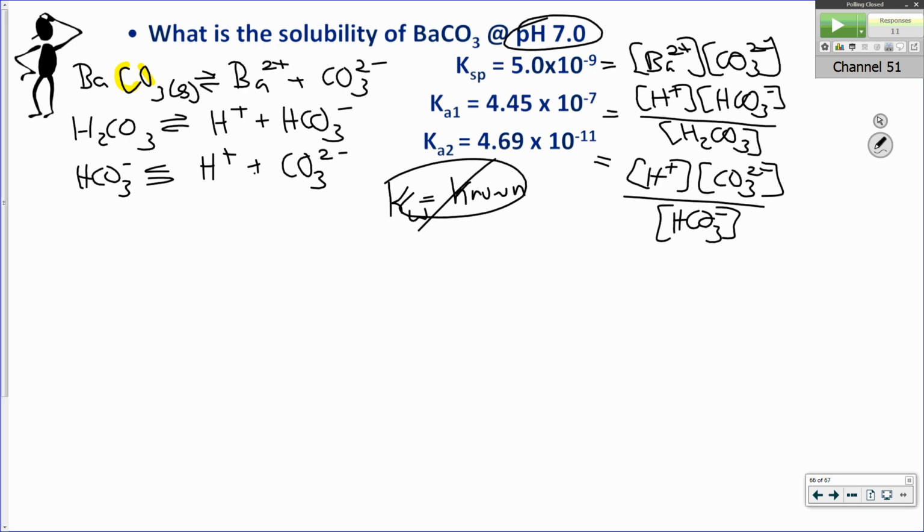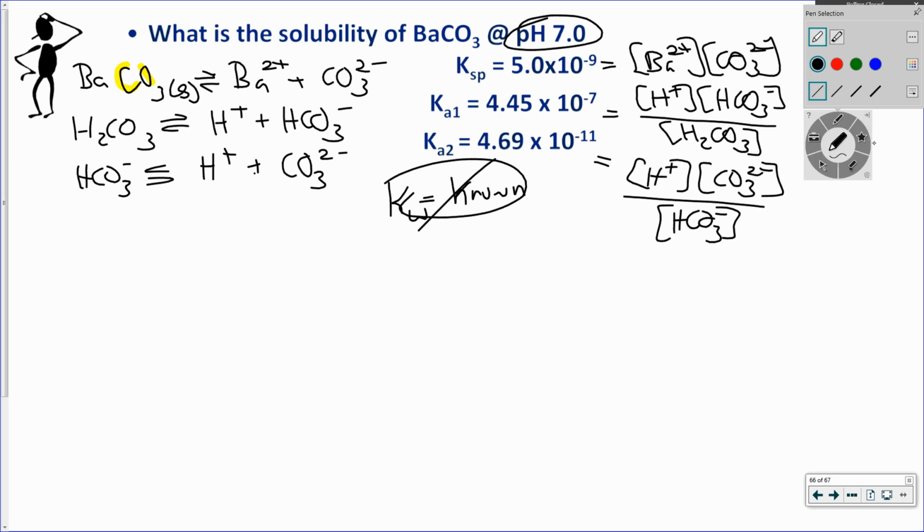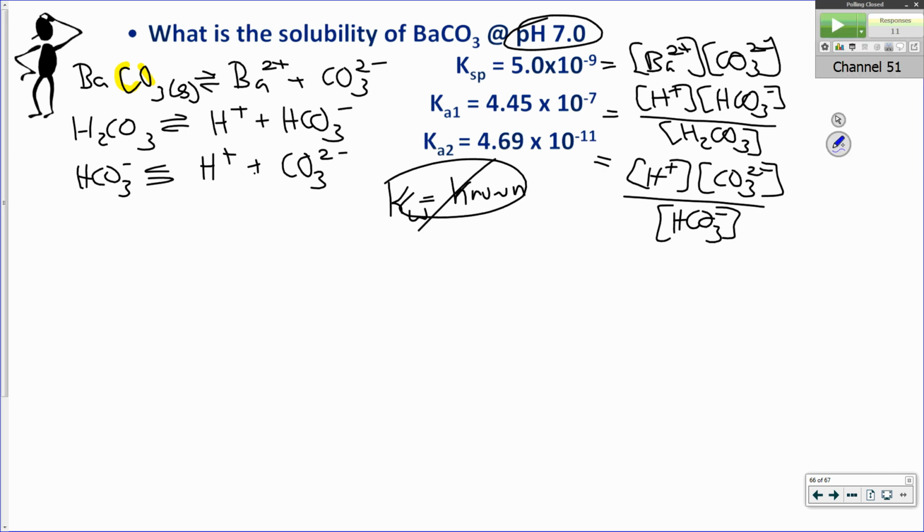So if I look at the number of unknowns I have, we remember our strategy was to come up with the number of equations at least equal to the number of unknowns. I've got 1, 2, 3, 4 unknowns. Right? But I already have 1, 2, 3 equations.